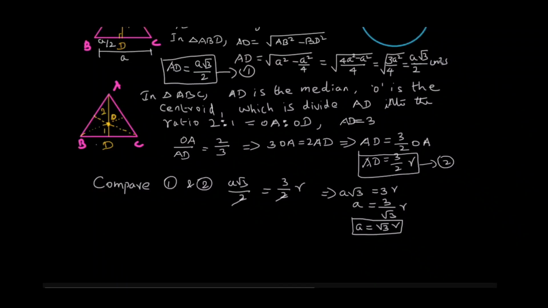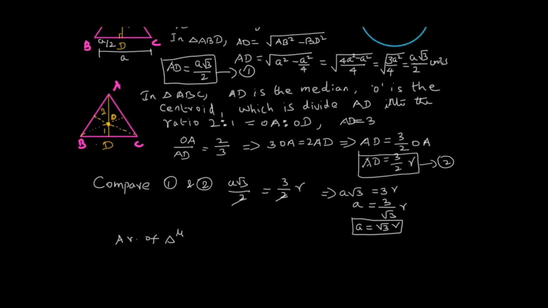Now we can find the ratio. What ratio are they asking? Area of triangle divided by area of circle. Area of triangle is root 3/4 A squared, divided by pi R squared.